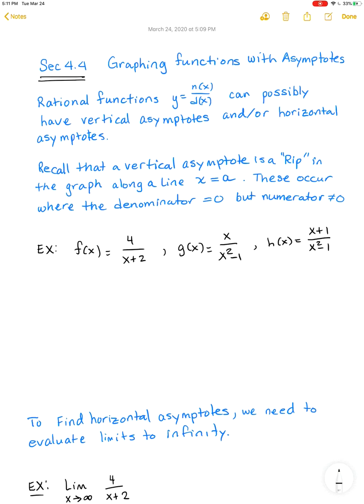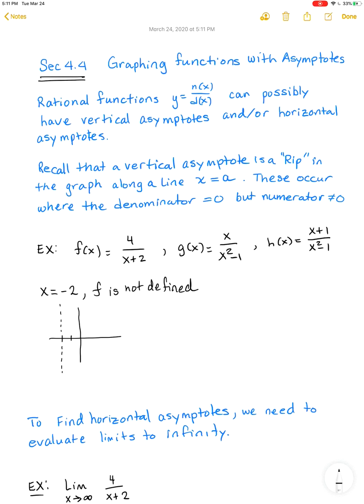The first function has a constant in the numerator and x plus 2 in the denominator. So you can see when x is equal to negative 2, then f is not defined. And what happens there? We've got a shift of the graph of 4 over x, 2 units to the left.